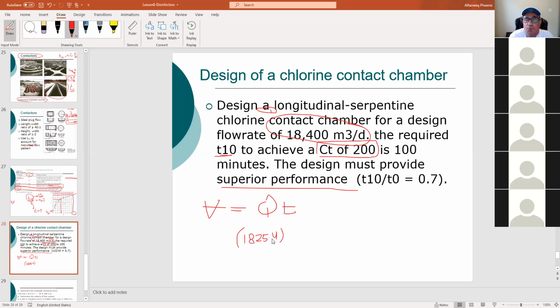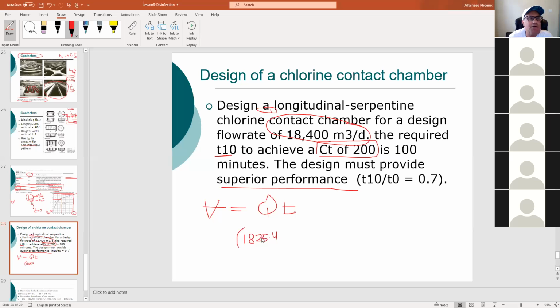1825.4, that's meter cube per minute. Is that correct? Is that Q or V that you're talking about? No, I'm talking about Q. Oh, Q is 18,400 meters cubed a day. Yeah, but you need to convert to minutes, no? Yeah, you divide by 1440. 1440, right, that's right.